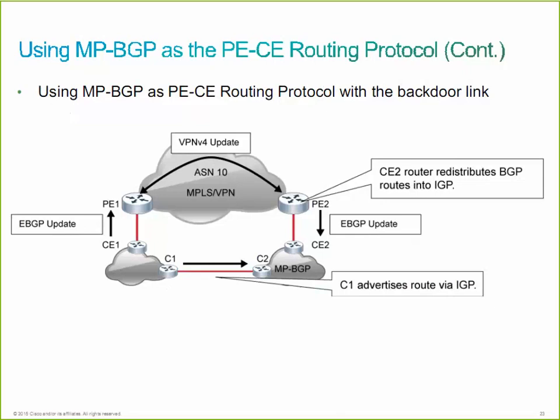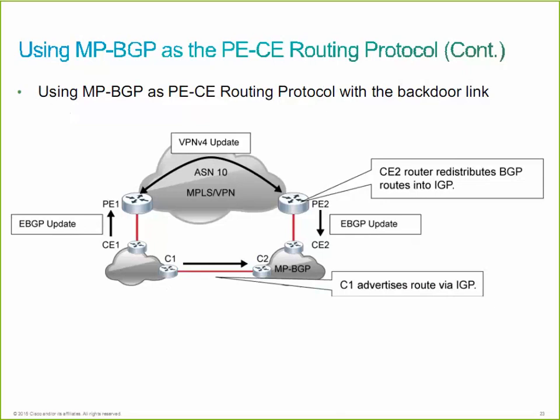Because we need to redistribute routes from MPBGP into our IGP on the CE router, the routes that actually go over the MPLS VPN backbone become external routes. We saw this same problem when we were dealing with OSPF and how OSPF handled backdoor links as well.